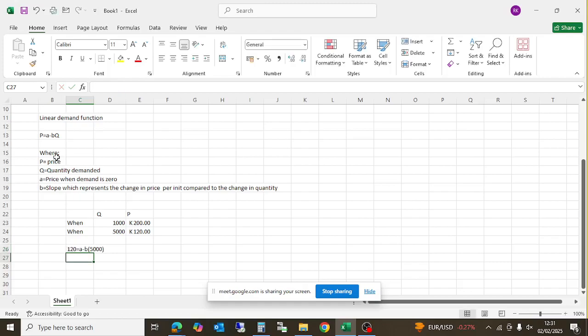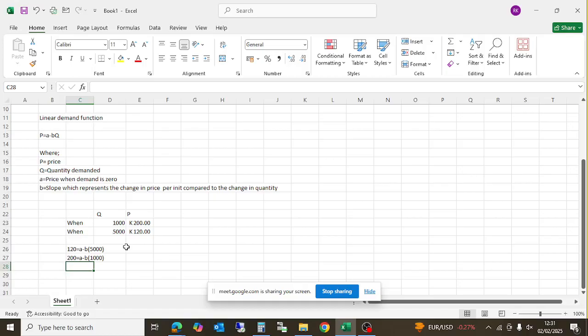But when our price is 200, we don't have A yet, but our quantity is 1,000. I know you probably have a formula or a method that you've mastered, but I like doing things the way I understand them.